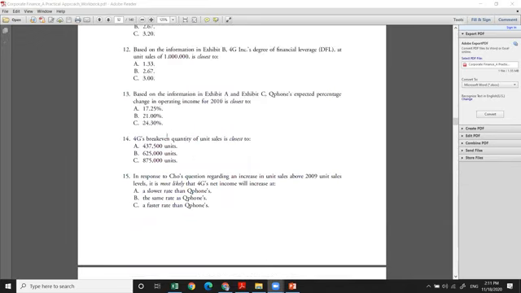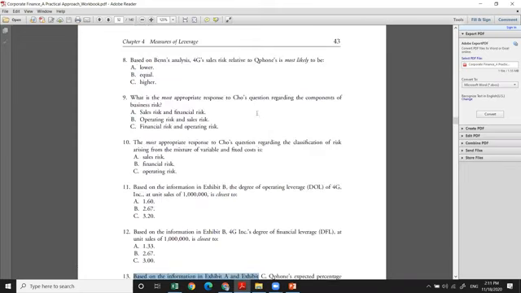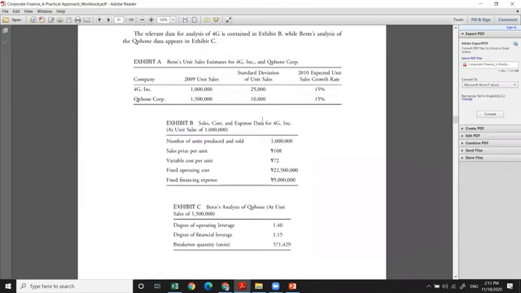Now, question 13. Question 13 is actually you're asked to calculate expected percentage change in operating income. It is about DOL, degree of operating leverage, times percentage change in units sold. So we need to proceed to the question and find what is given. Here we go.